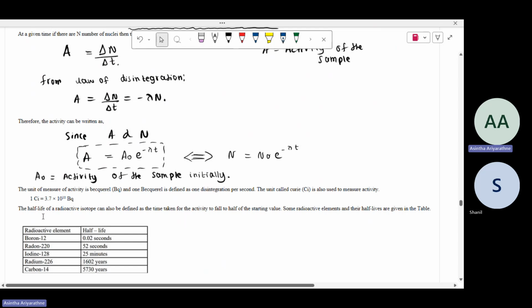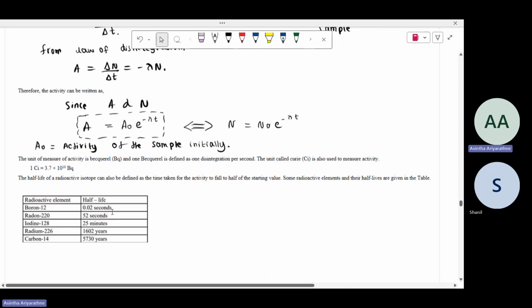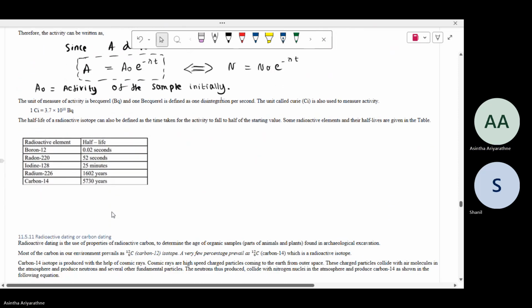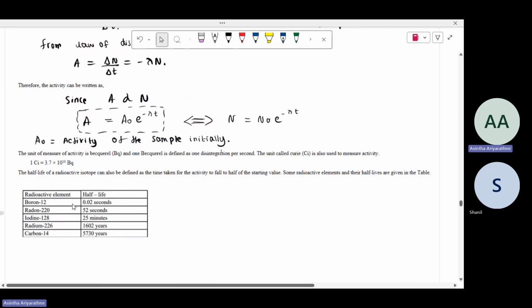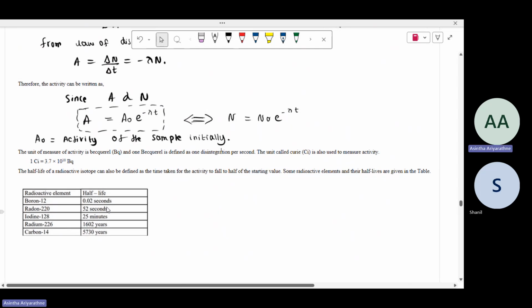The relation between curie and becquerel is: 1 curie is equal to 3.7 times 10 to the power 10 becquerel. And here some half-lives are given. So boron half-life is 0.02. You don't have to remember this. Normally it would be given, right?